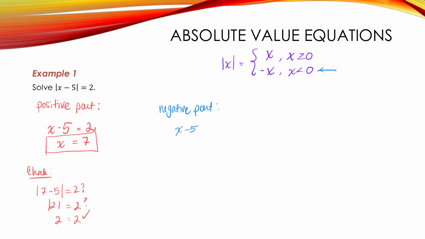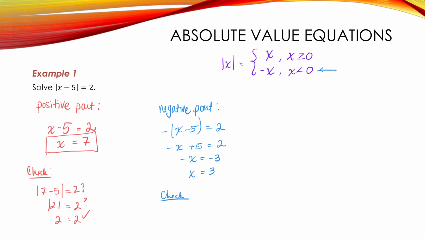So that -1 goes out on the outside, and so we have the negative times the absolute value, which is now just x minus 5, and it equals 2. If we distribute the negative, we get negative x plus 5 equals 2. Subtract 5 from both sides, we get negative x equals -3, which means x equals 3.